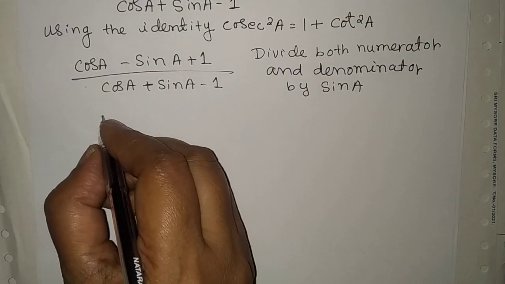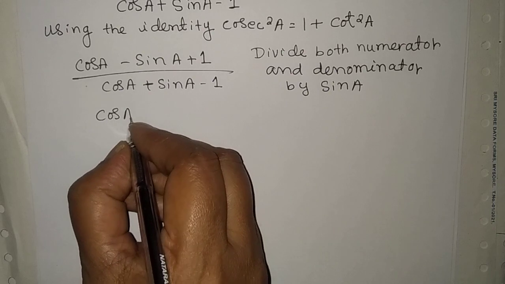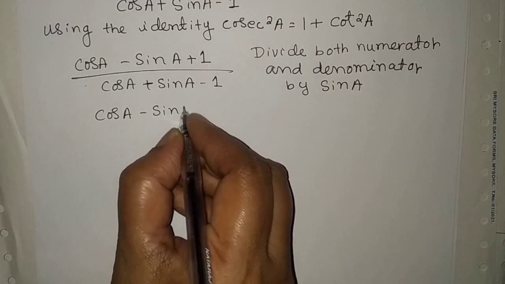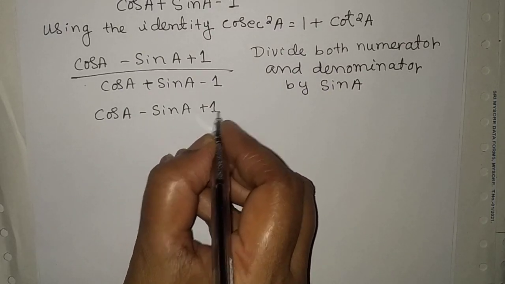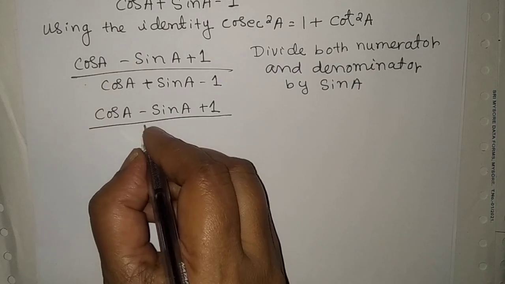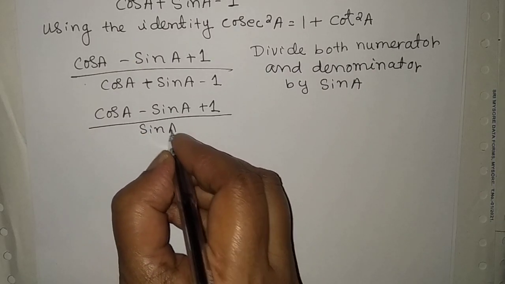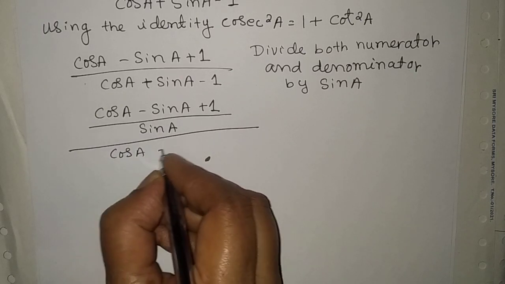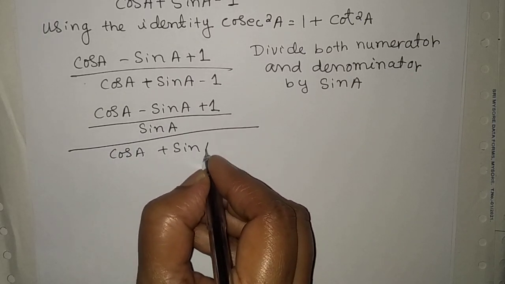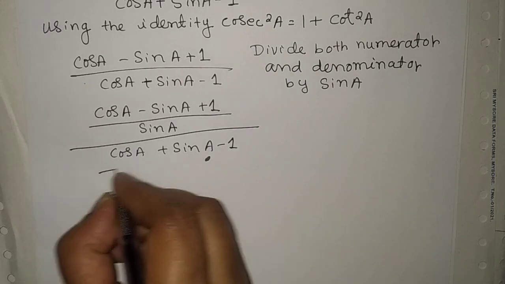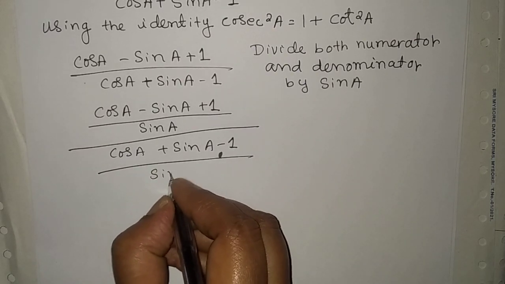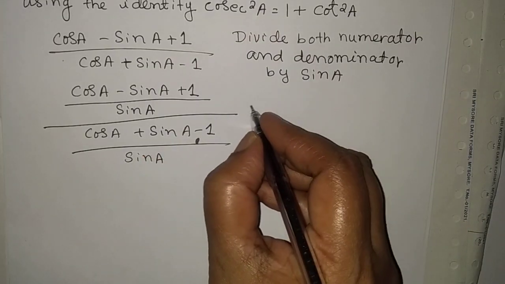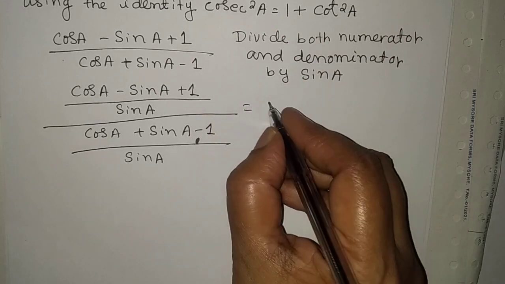Just divide. Now we take cos A minus sin A plus 1, the whole thing divided by sin A. Next, cos A plus sin A minus 1, the whole thing divided by sin A. So now we have to split both numerator and denominator. How?